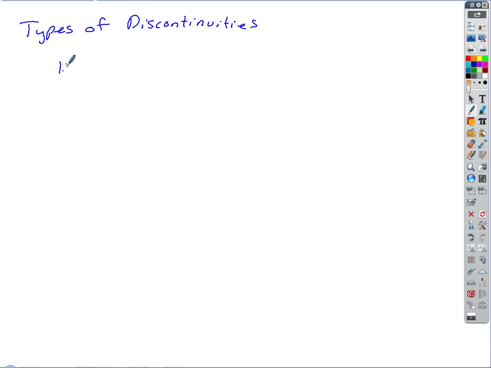Now, we already talked about this, right? But I want to use the language of Math Excel for School for a second. So we have an infinite discontinuity, which is going to be an asymptote, right? And that's one place where we said a limit doesn't exist. So we associate that with a vertical asymptote.